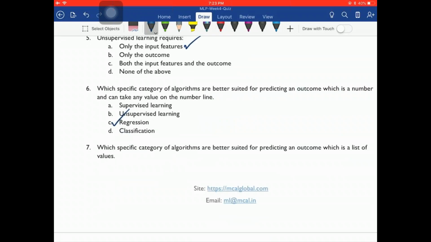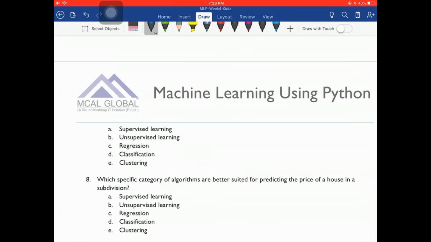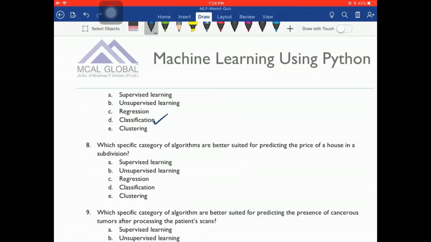Which specific category of algorithms are better suited for predicting an outcome which is a list of values? That is classification. Excellent. Which specific category of algorithms are better suited for predicting the price of a house in a subdivision? That will be regression again. Excellent.